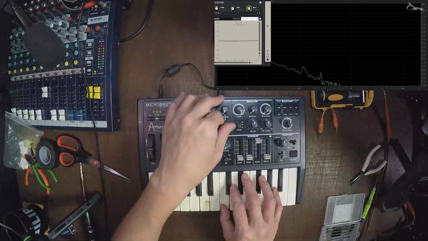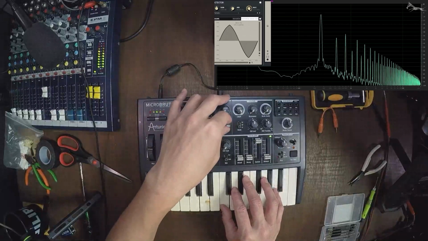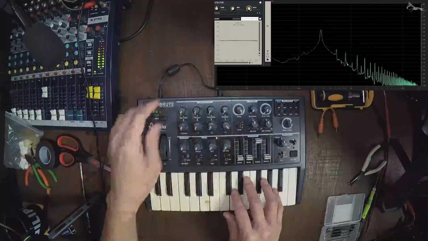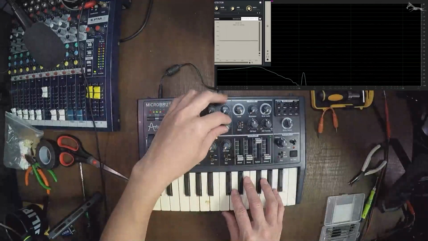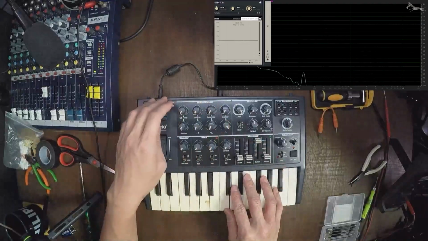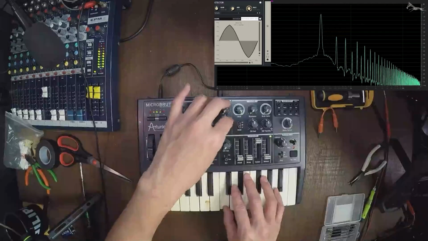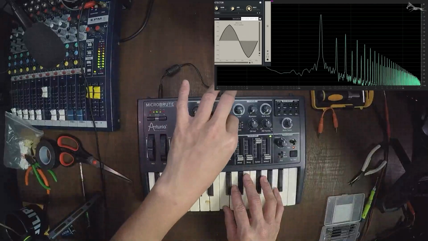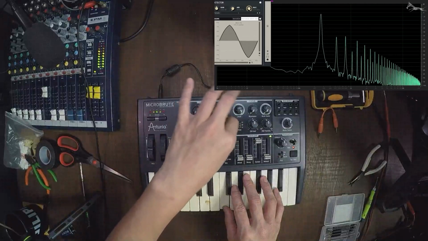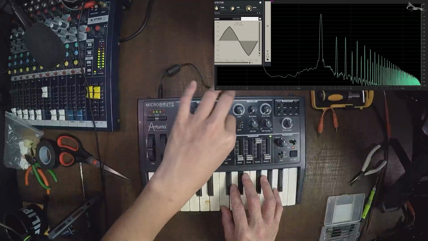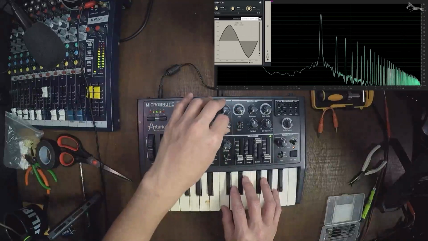Triangle wave. Boom, we got a little bit of noise when we sweep through the full position, full volume position on the triangle. Oh, it's gone. Yeah, okay.